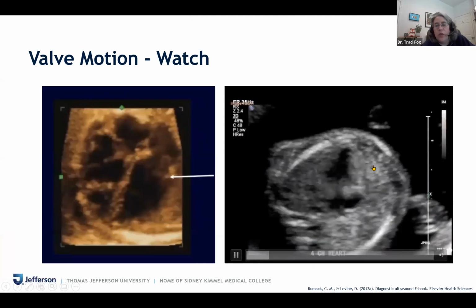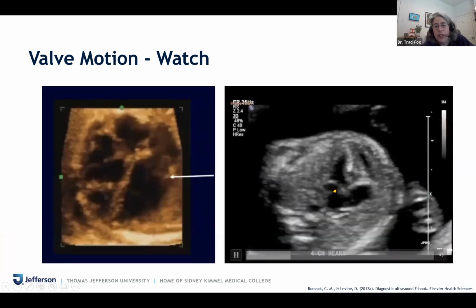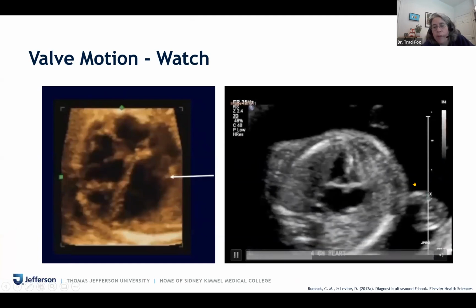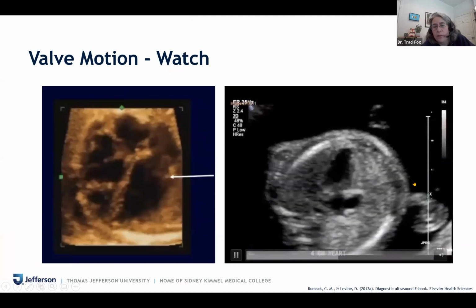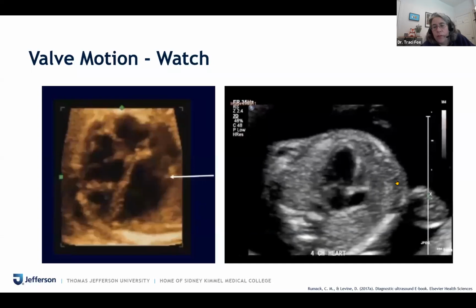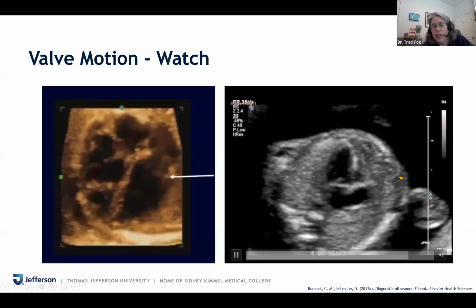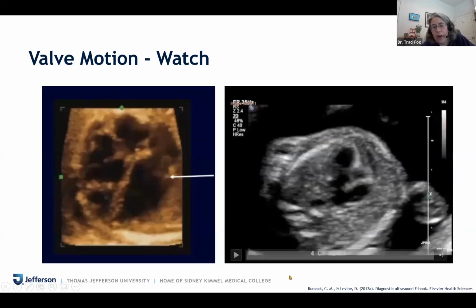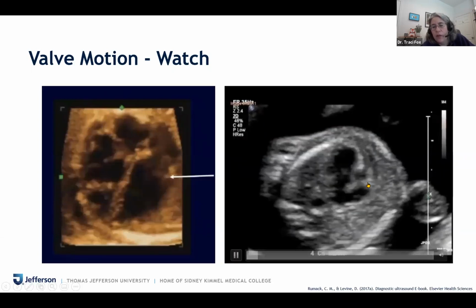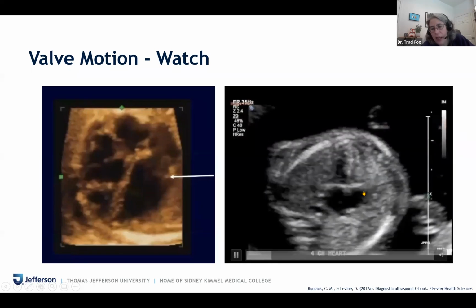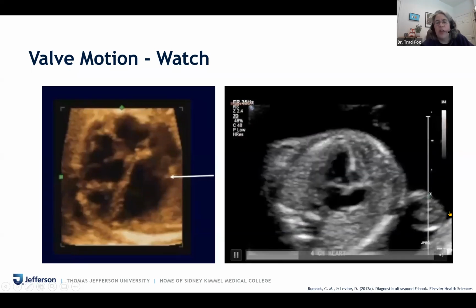Now watch this one. Notice this valve looks good. That's the mitral valve. I'm sorry, this one is vertex. The other one was breech. What happened to the right heart? Well, the valve's not moving, and that's because there's a hypoplastic right heart.